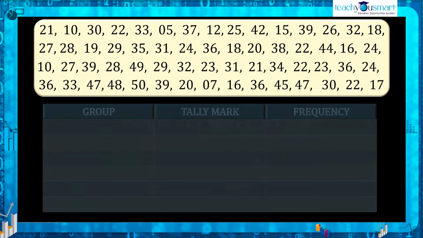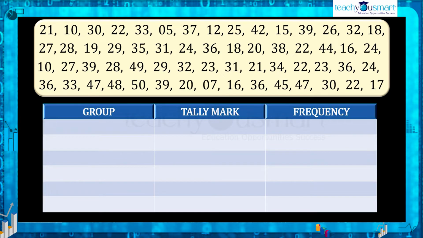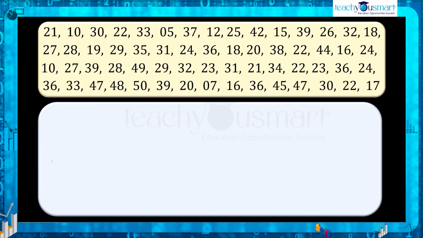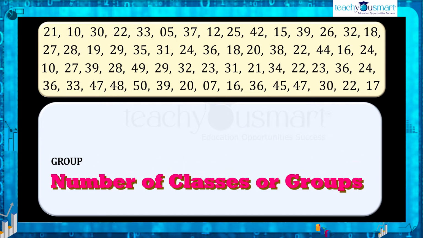If we make a frequency distribution table for each observation, then the table would be too long because it is large data. So for convenience, or to present the data in a meaningful way, we condense the data into a convenient number of classes or groups.